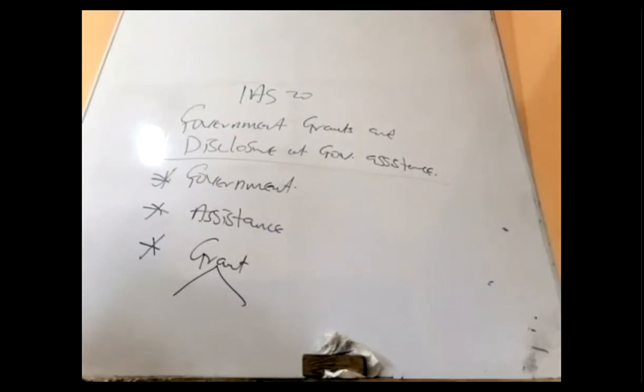Now, when you talk about government assistance, it refers to actions designed by the government to provide support or an economic benefit to an entity qualifying under certain criteria.